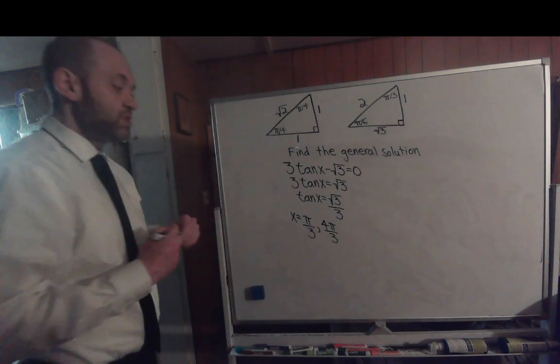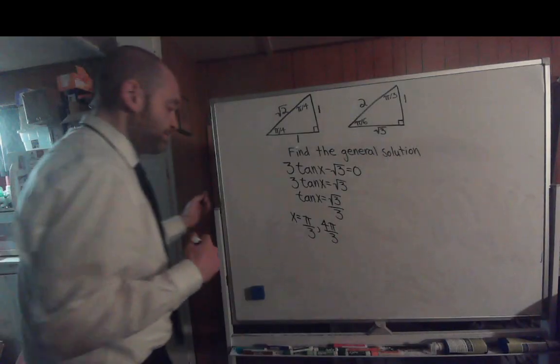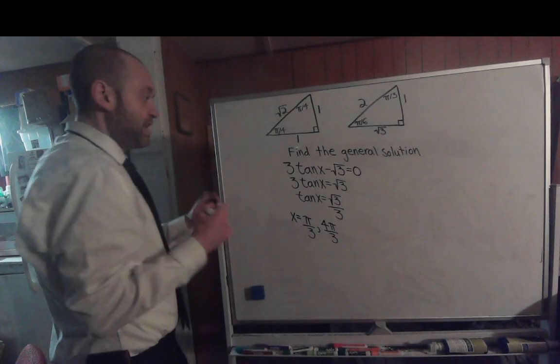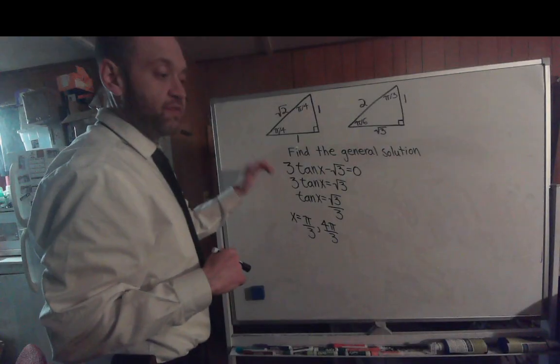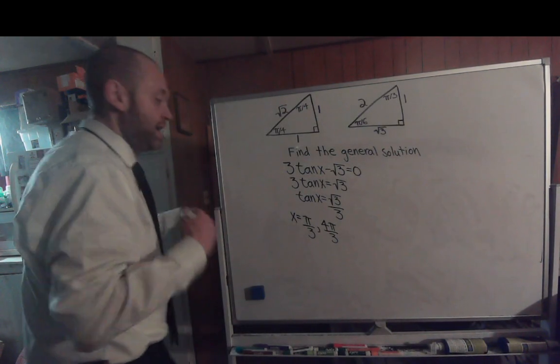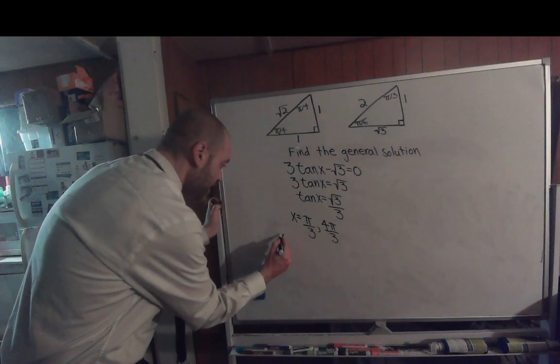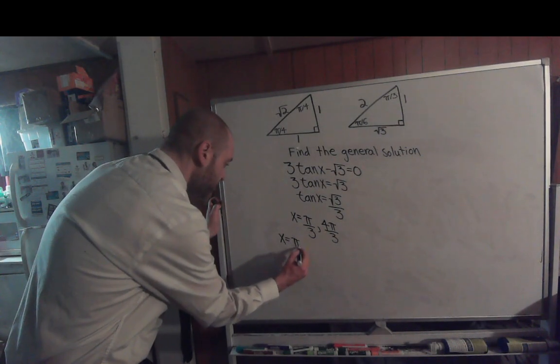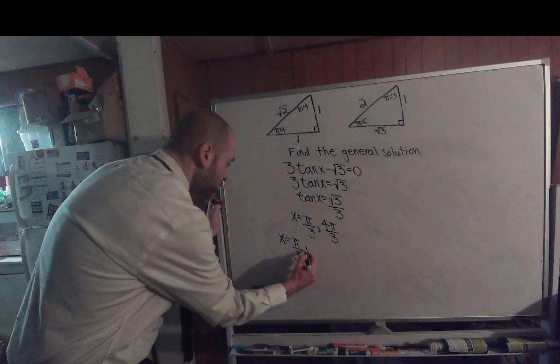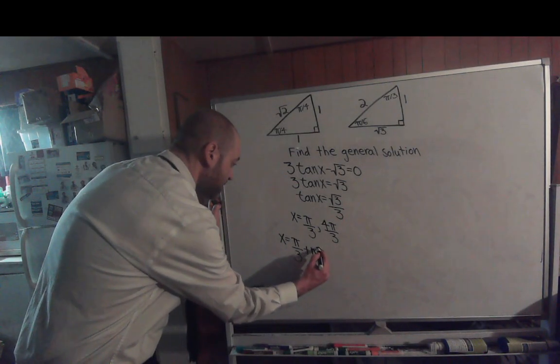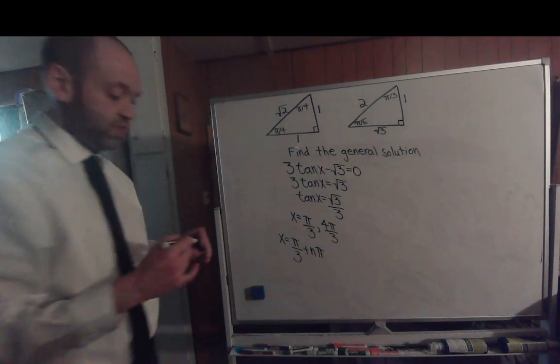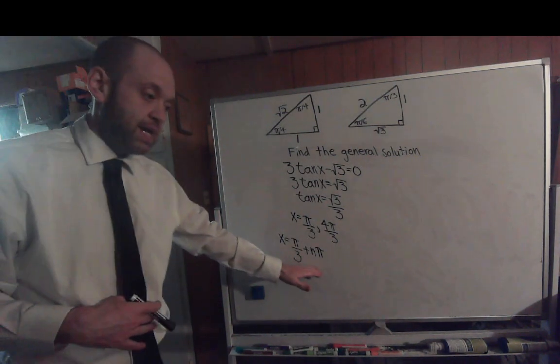Now, to do the general solution, you have to consider the fact that the period of the tangent function is pi. So you would have x equals pi over 3 plus n pi, because the tangent function completes a period in pi.